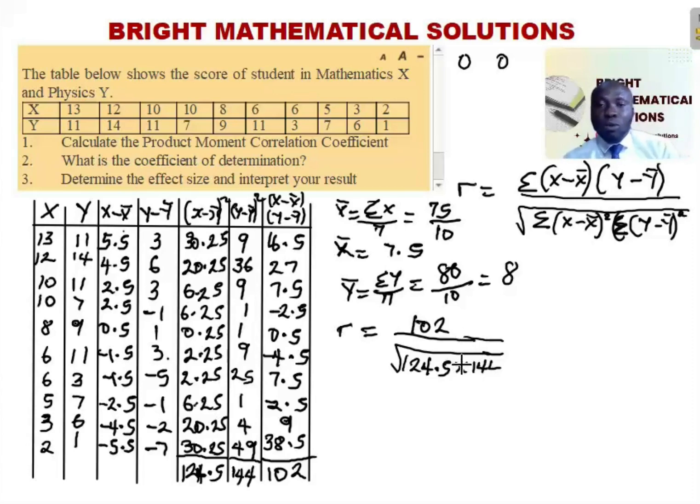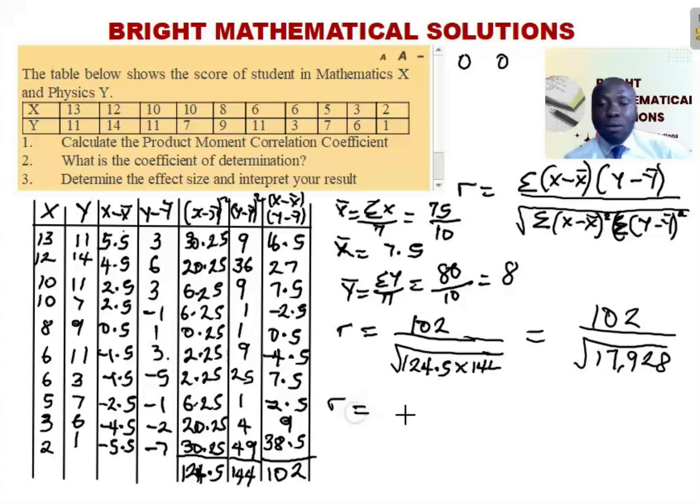So this is what we are going to multiply. So this gives us 102, and this gives us 17,928. So we are going to find the square root of this.